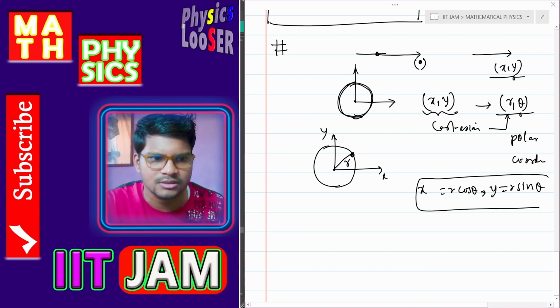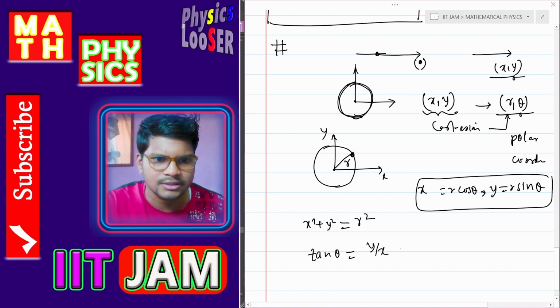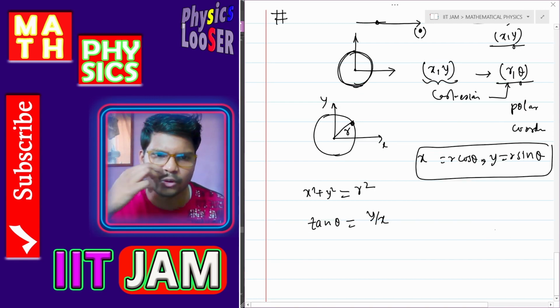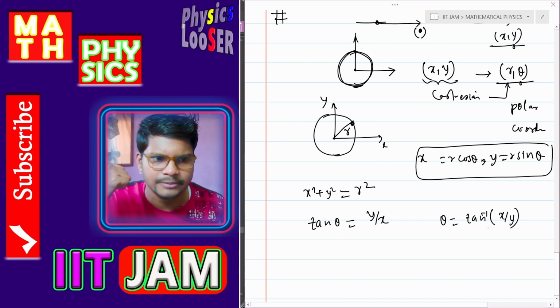And if you do this, then your problem will automatically be solved, because if you do x square plus y square, then you will find r square, and tan theta will be simply y over x, and you can have the other relation, theta is equal to tan inverse of y over x.